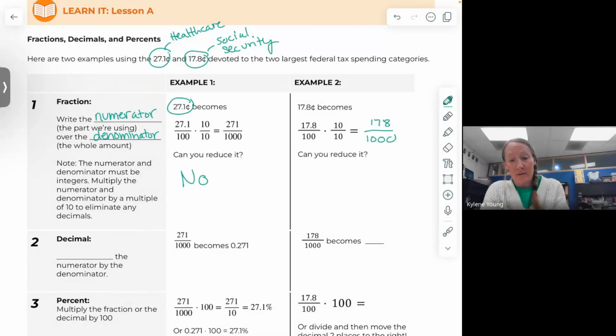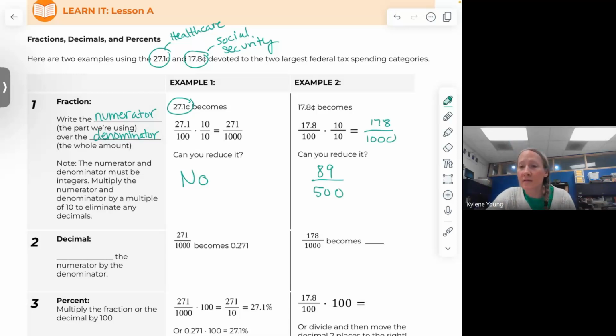Now that number can be reduced, and a hint for knowing is that both 178 and 1,000 can be divided by 2. So you would put that in your calculator. Again, you want to watch that video, or you can come talk to me or Mr. M and we can show you. So when you put that in your calculator and you reduce it, you are going to wind up with 89 over 500.